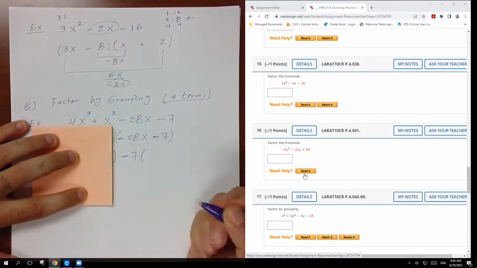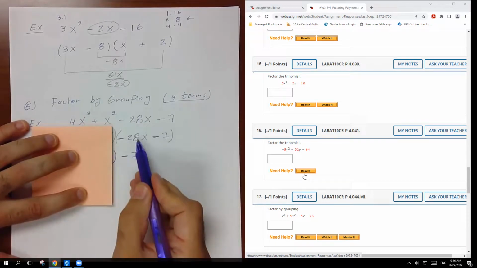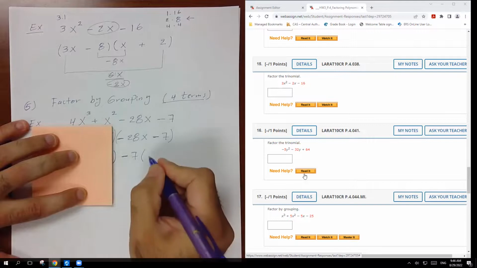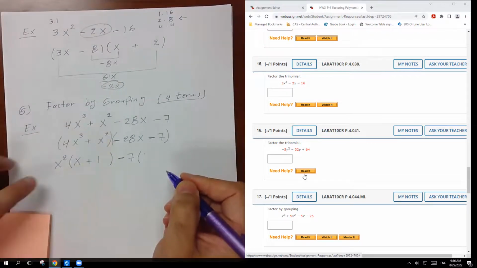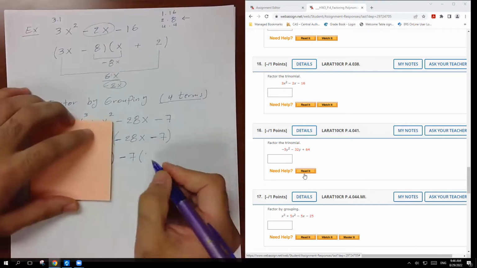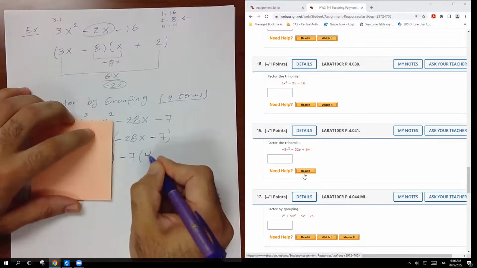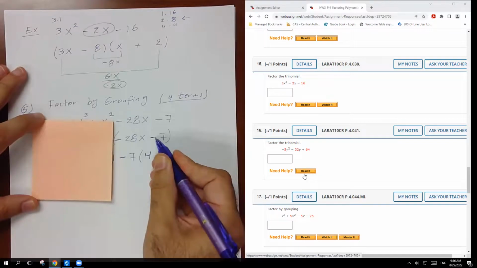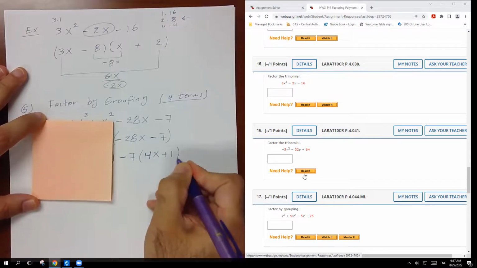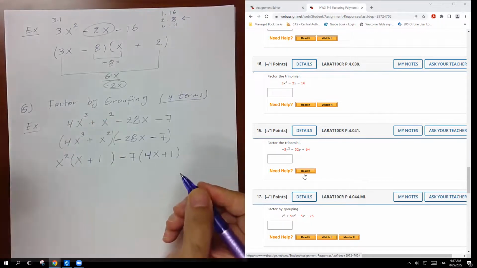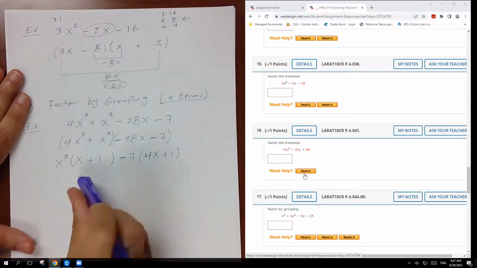I'm going to open parentheses. Negative 28 divided by negative 7 is going to be 4. Did we do something wrong here? Yes, we forgot the x. Negative 7, 4x. Negative 7 divided by negative 7 is going to be positive 1.